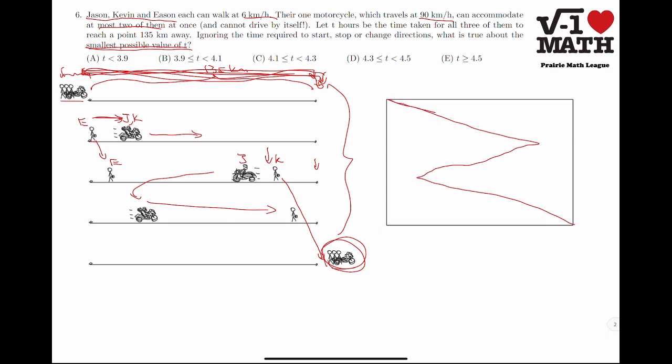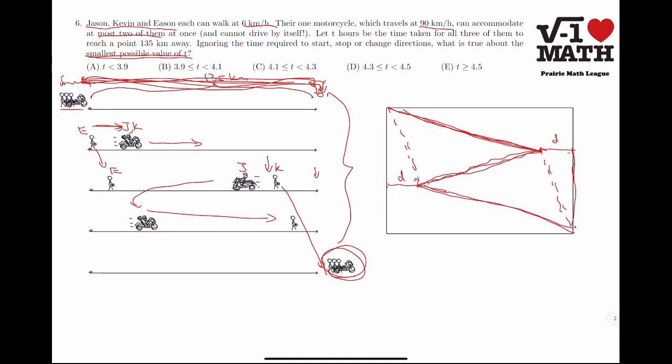So the motorcycle goes until this distance d, and then drops Kevin off while it goes back, and then some other distance, and then goes back here. But notice that this is basically symmetric, because they're walking exactly the same distance in the same amount of time. And this can be noted by symmetry. Therefore, this distance is also d.